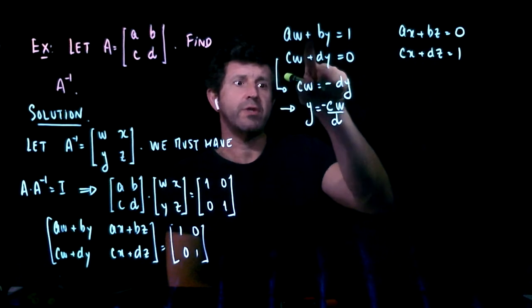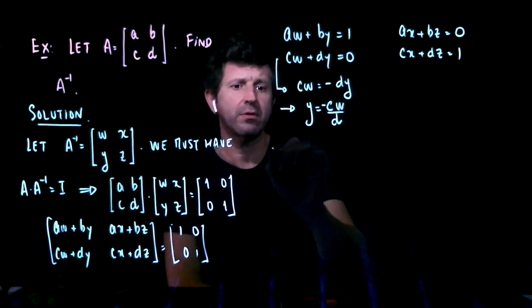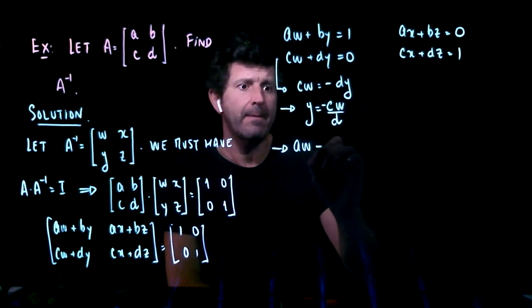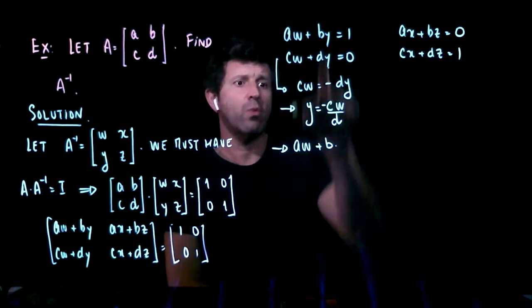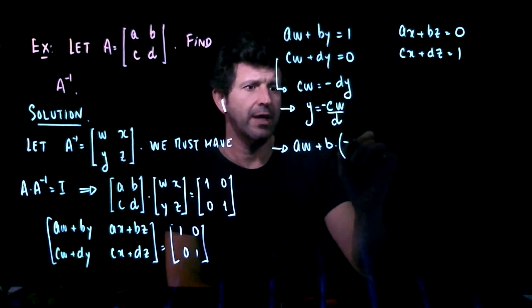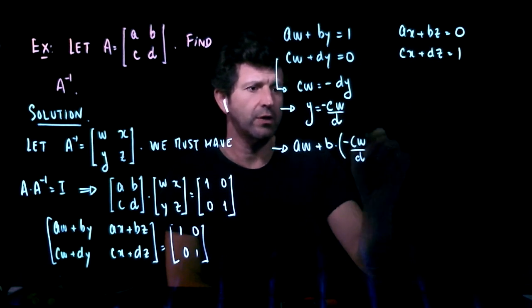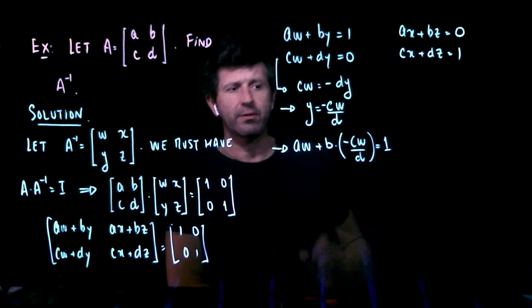Let's replace it into the top equation. So AW plus B times Y, which is negative CW over D, must equal 1.